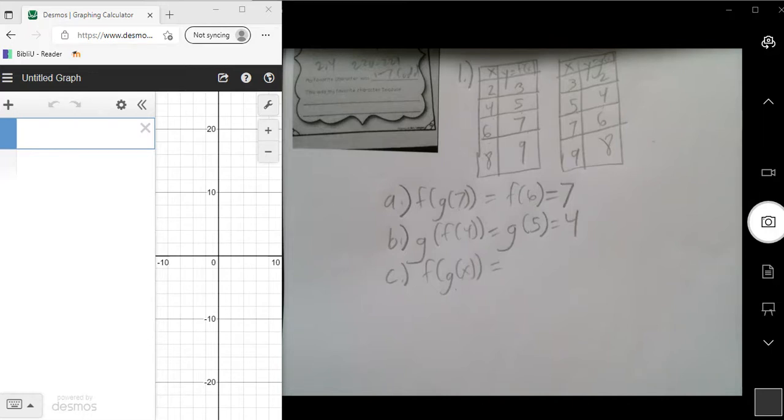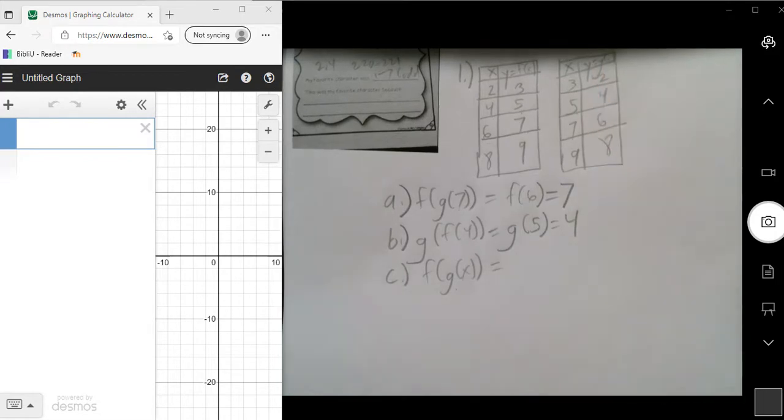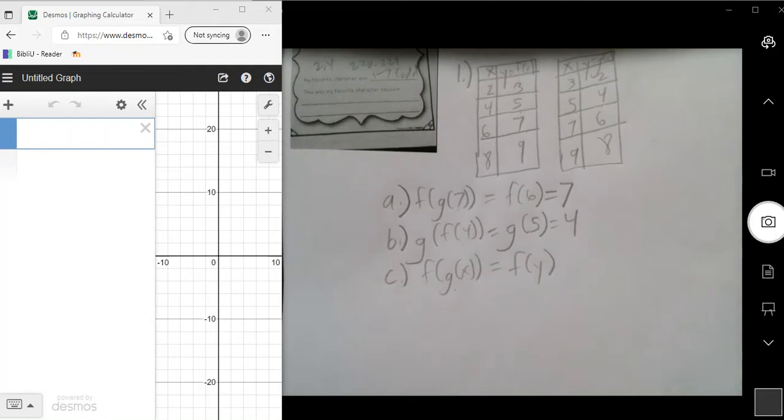Okay. Well, doesn't it tell us that g of x is equal to y? Yes. Okay. So this would be f of y, right?